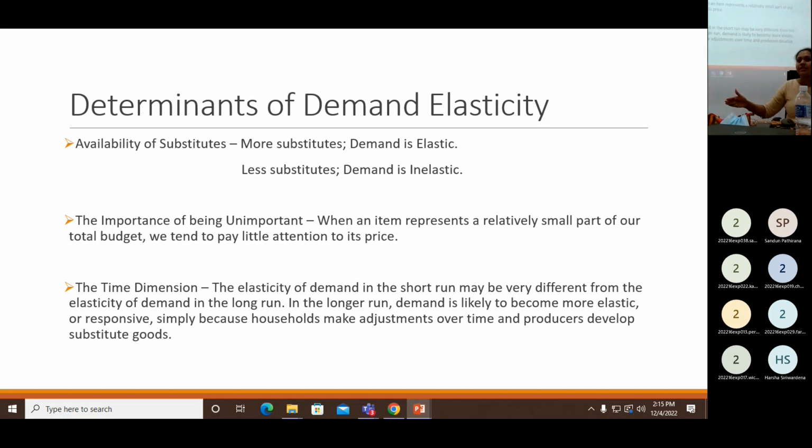In the short term, the demand is inelastic because when the seller increases the price, you can't quickly respond to that price increment, so you stay for a while. But with time, as he correctly said, in the longer term, if you feel this price is too high, you try to find substitutes and switch your behavior. You find alternatives over a long period of time.